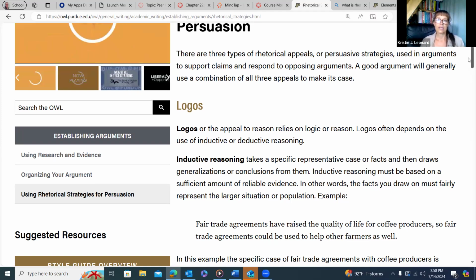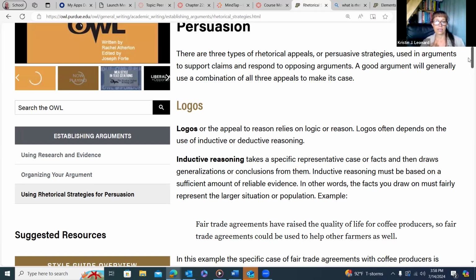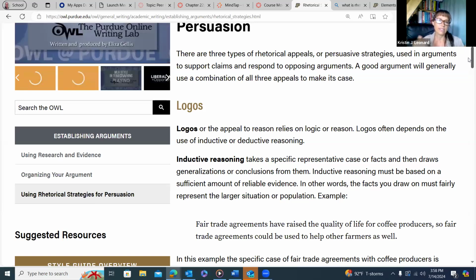In other words, if you are using these 3 strategies, we call them rhetorical appeals, then you have a better chance of persuading others to your perspective, or basically convincing them, you're getting them on your side, okay?